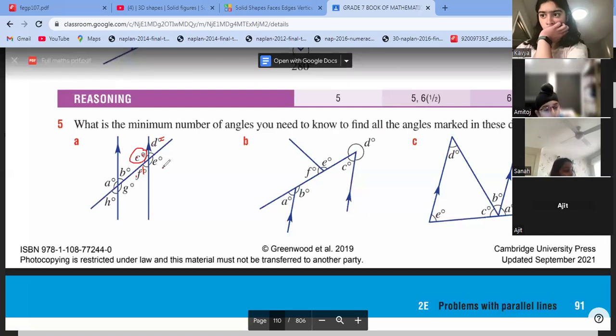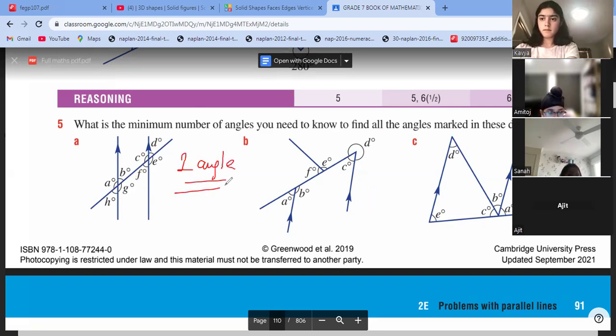C and E are vertical opposite angles. Then these two are the co-interior angles. So in this way you can find out all these angles, right? So only one angle is required to know all the other angles.